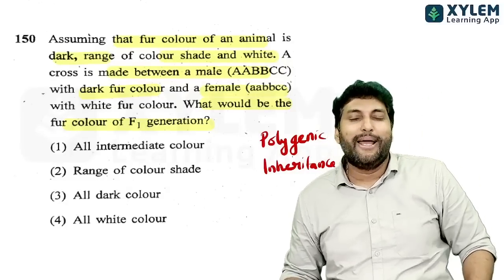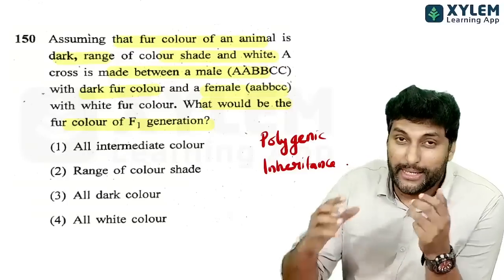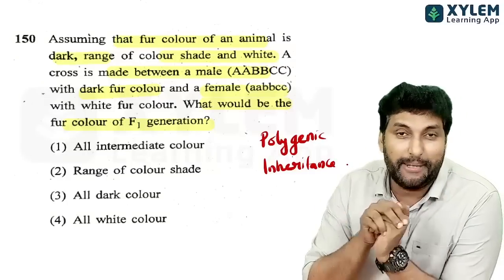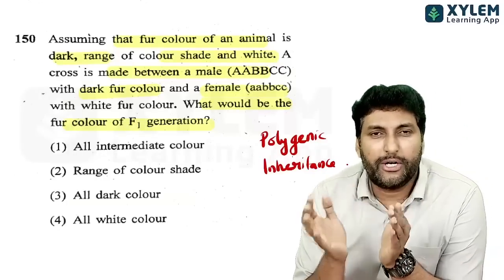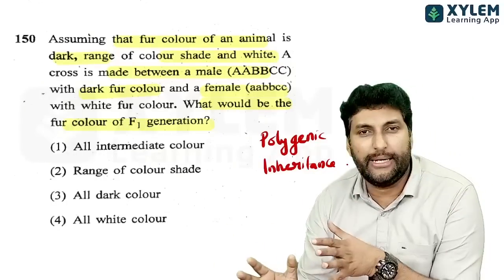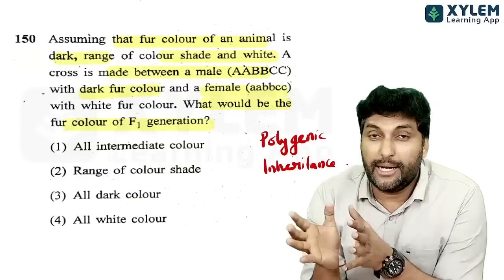Examples of polygenic inheritance are skin color, intelligence of human beings, height. Whatever examples we take, if we cross a dominant with a recessive, intermediate will be found. So this is against Mendel's law of dominance.